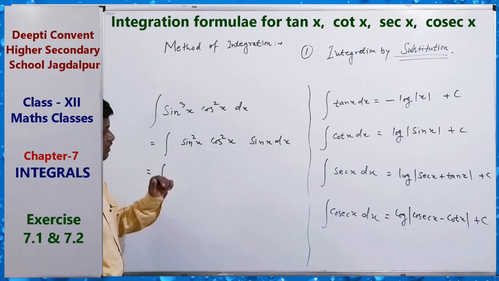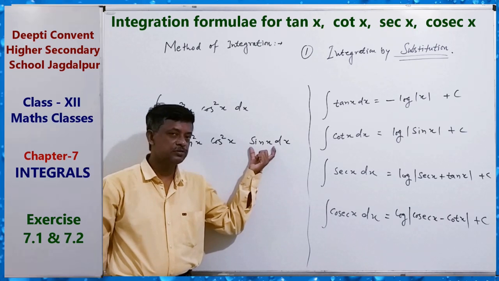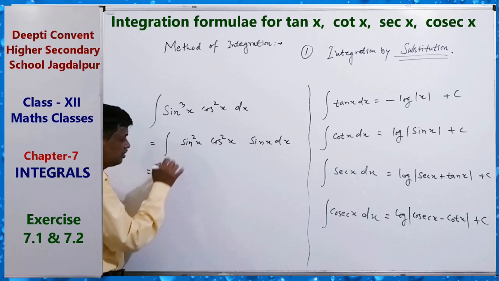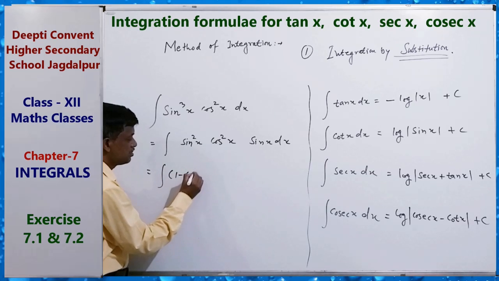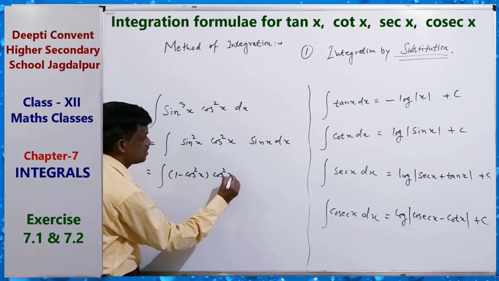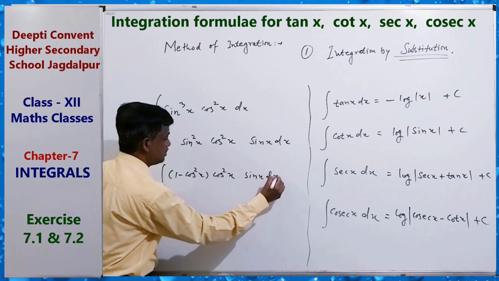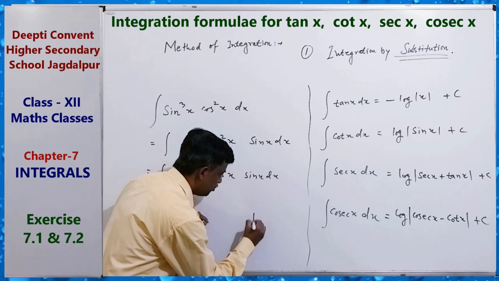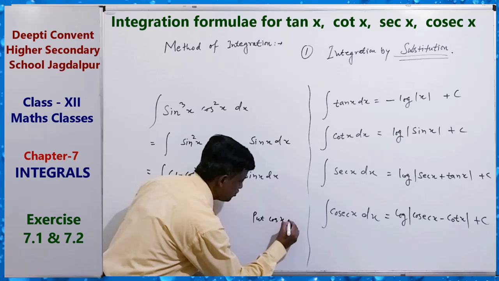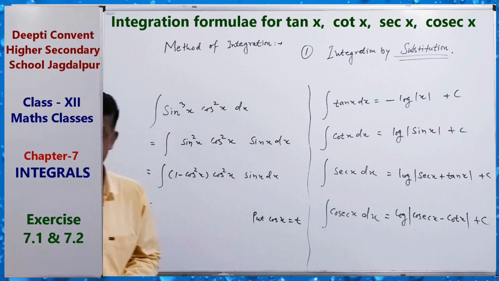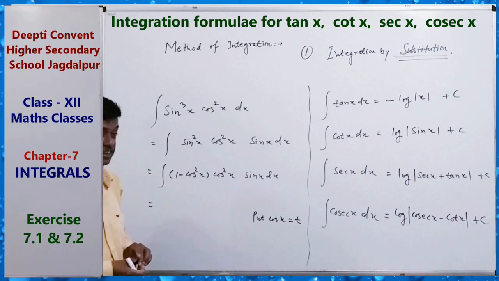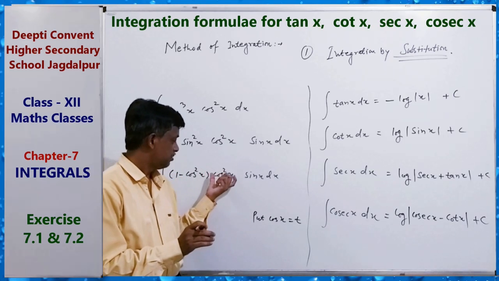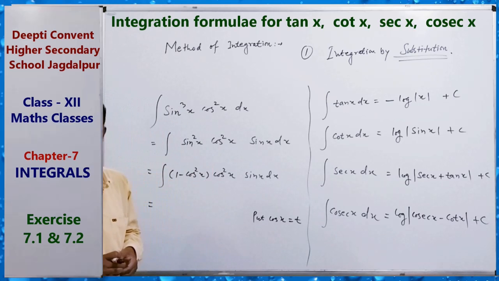Now here derivative of cos x equals to minus sine. So convert this in terms of cos. So sin square equal to 1 minus cos square x, sin x dx. Now we see that derivative of cos x is minus sin x. So put cos x equals to t. Substitution is the main thing for finding integration of some function. So identify what we have to substitute for which function, which quantity.